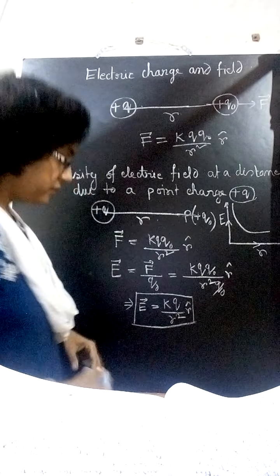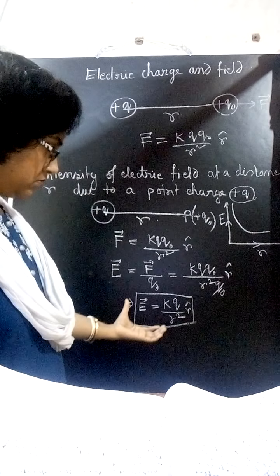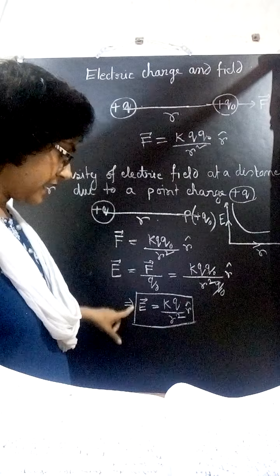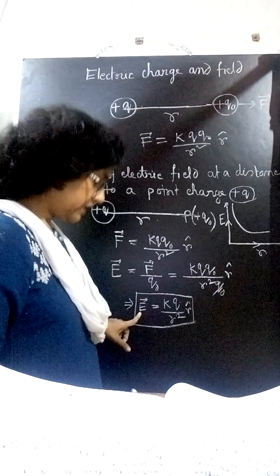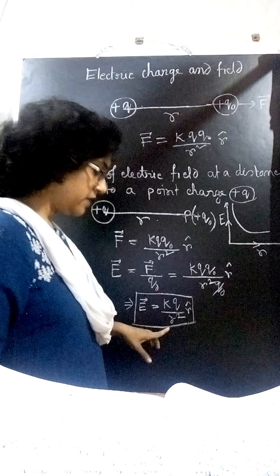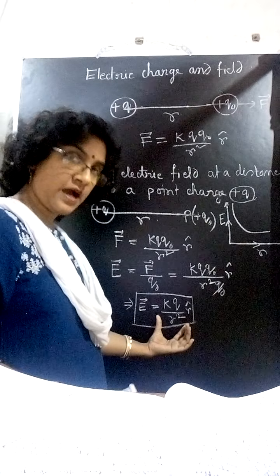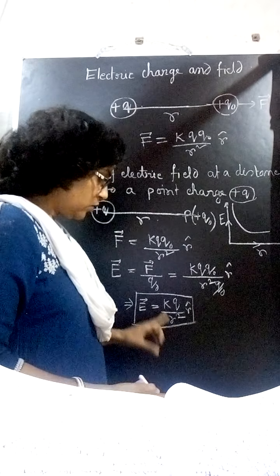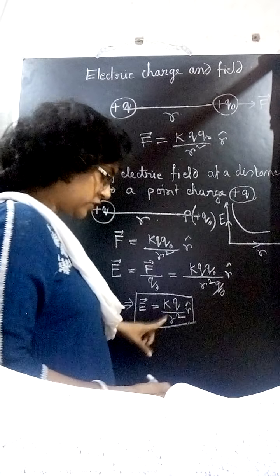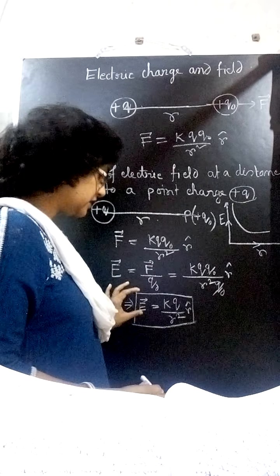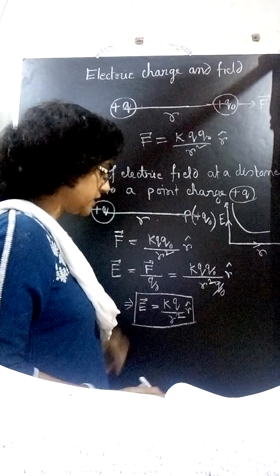Next, you see a few points about the electric field intensity. The electric field intensity depends on the value of r, that is, the position vector r. With the changing position of the test charge, the electric field intensity will change.